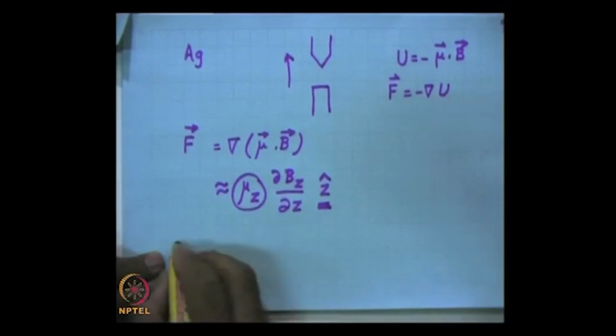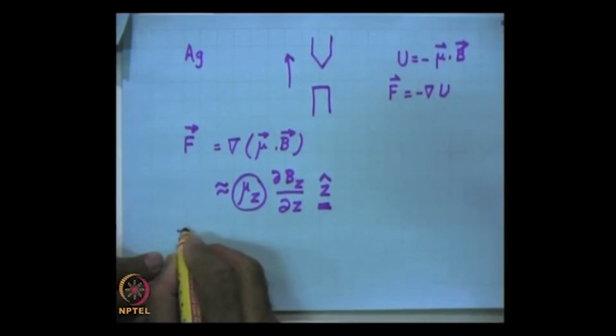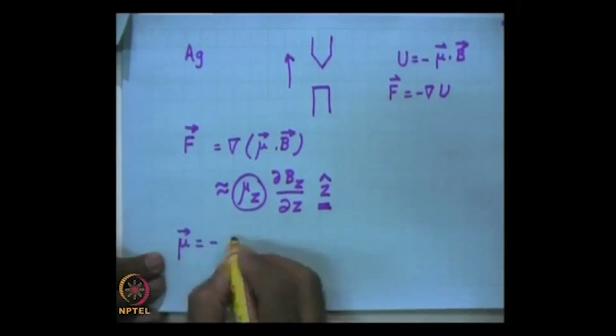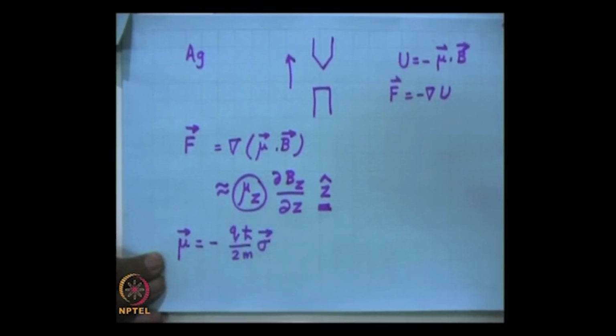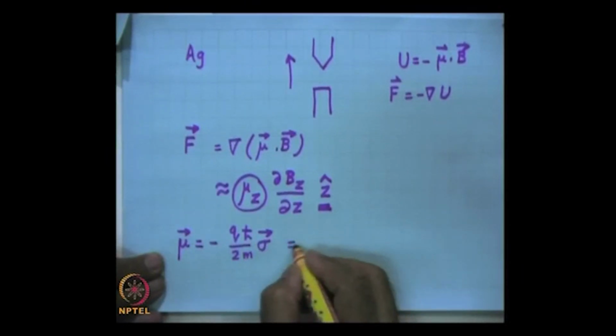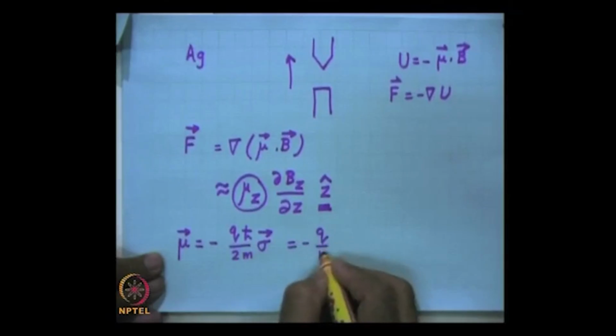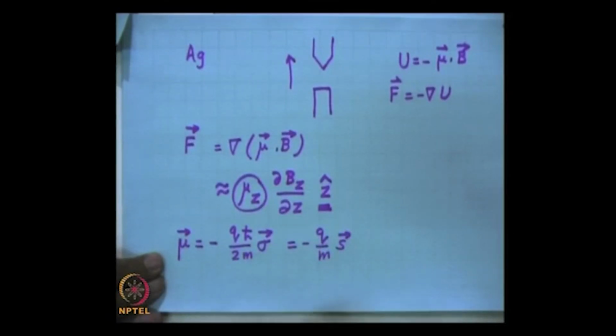Now, I had just now written down that the magnetic moment was equal to minus q h cross by 2m into sigma, or this was actually equal to minus q by m S vector, where S vector is the spin angular momentum vector associated with the electron.